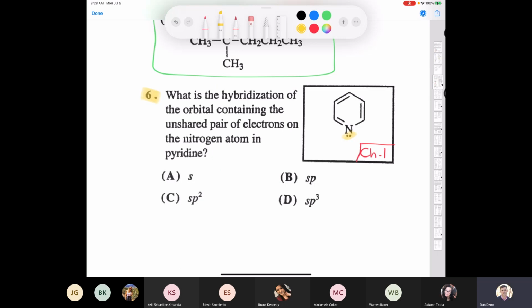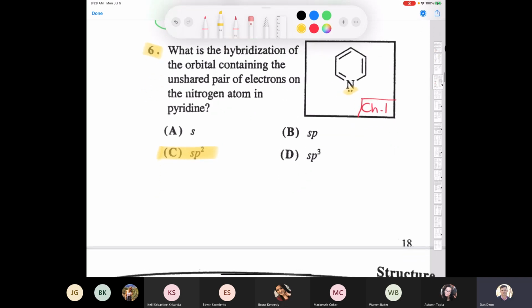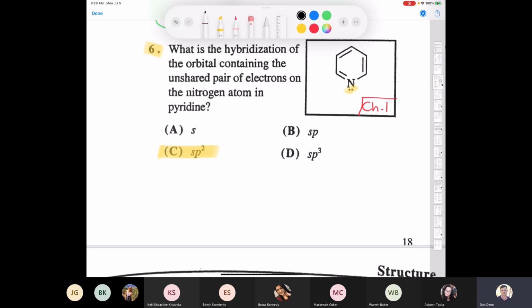Yes, yes. It's sp2. If you don't remember why, you can go back and trust me, it won't take you long to refresh your memory. You could read that section in a couple of minutes. But basically, if you look at the aromatic ring, and I'll try to draw it the best I can, since you have the 1, 2, 3 pi bonds, that means that every atom in the ring has an unhybridized p orbital.